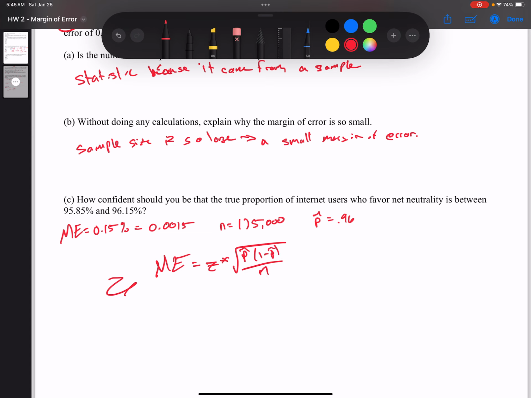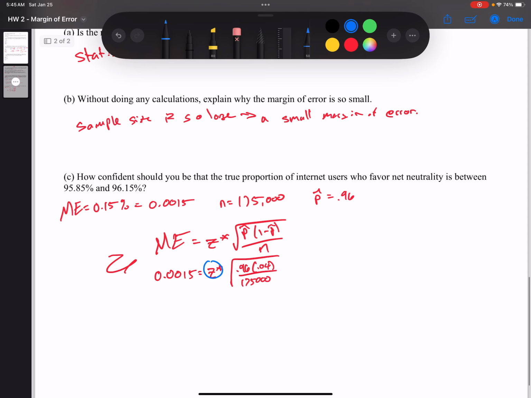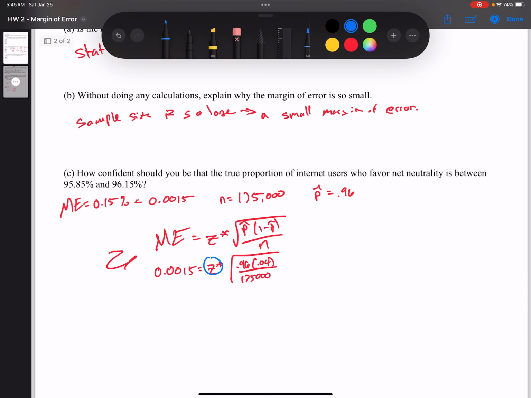We have almost all that information. We have our margin of error, which is going to be 0.0015. We do not have our z star. We do have our p hat, which means our 1 minus p hat is 0.04, all over our n of 175,000. So what we're going to do for this is solve for z, because it's going to help us find our confidence level. We solve this for z, a little bit of algebra later, and we get z of 3.2.